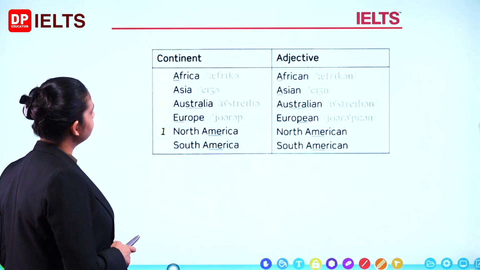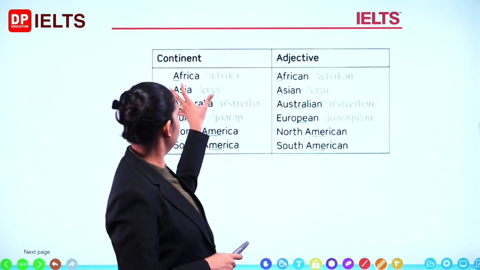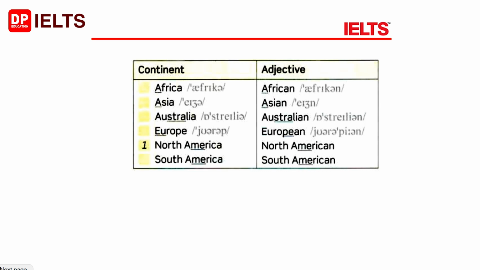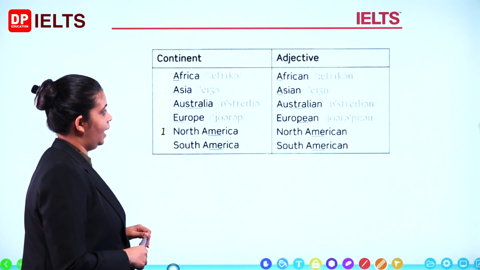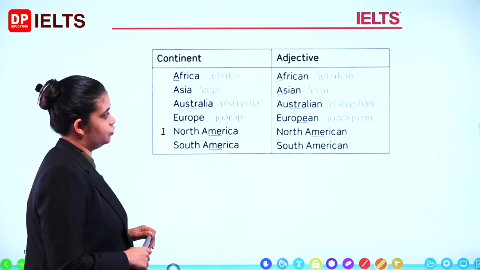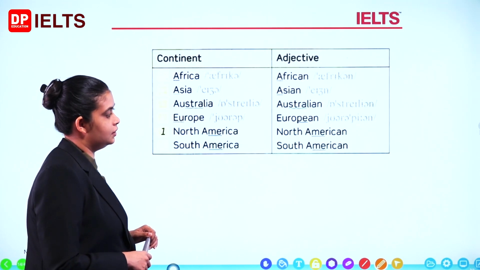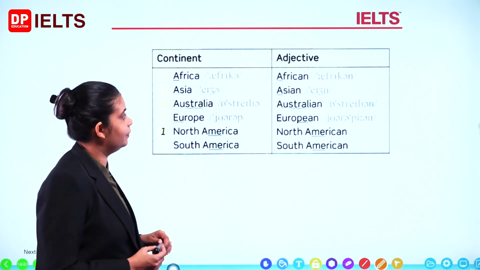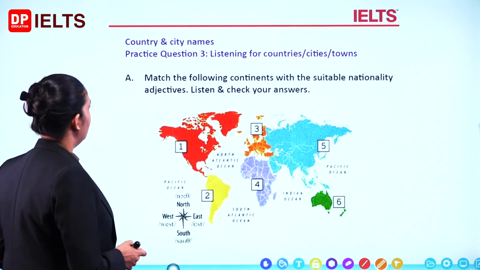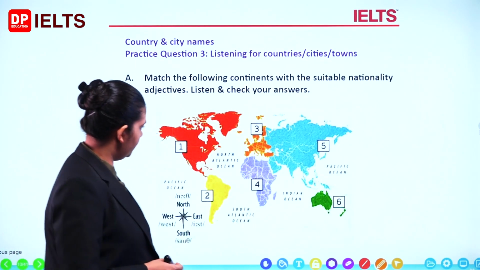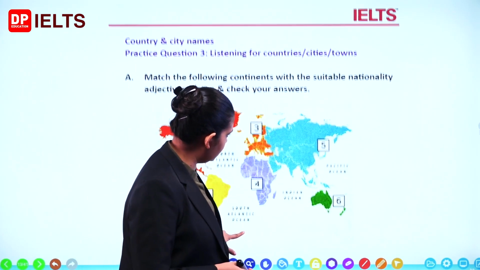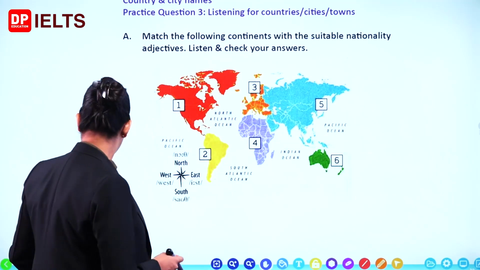So, here we've got the continent. Africa, Asia, Australia, Europe, North America, South America. African, Asian, Australian, European, North American, South American. Okay. I'm not very good with geography, but hopefully you are. Okay, so how do you match?